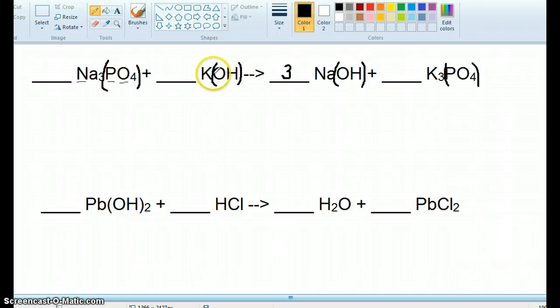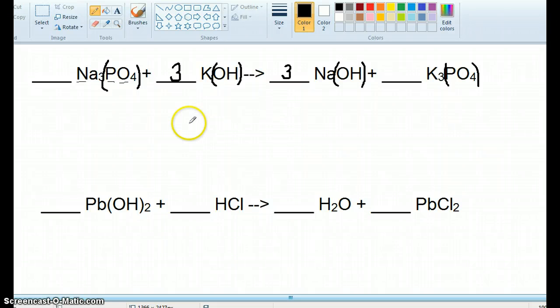Now I look at my next compound. I have 1 potassium on the left, but now I have 3 on the right. So I know I'm going to need to add some coefficients over here on the left. I'm going to add a 3, so that gives me 3 potassiums and 3 hydroxides.